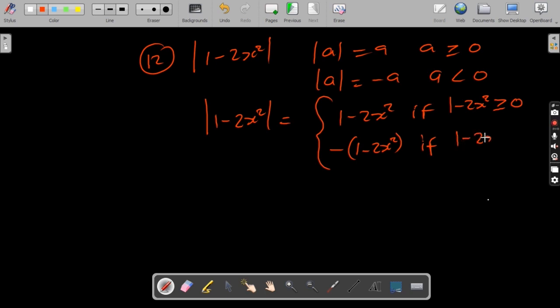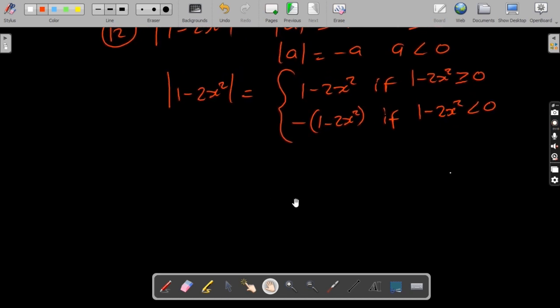So this is when this is less than 0. But we are not done because there are quite a few things to work out. This is not simplified, and we don't really know the range of x values which would make that positive, or the range of x values which would make this one negative. So let's work that out.